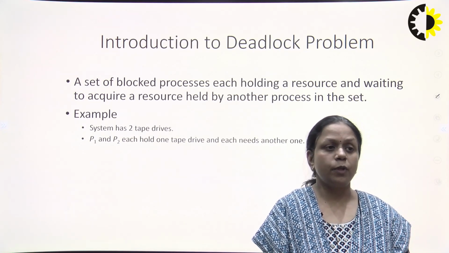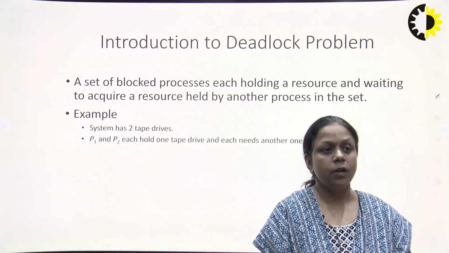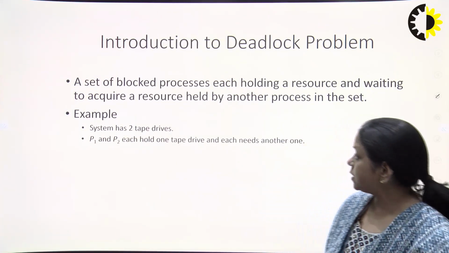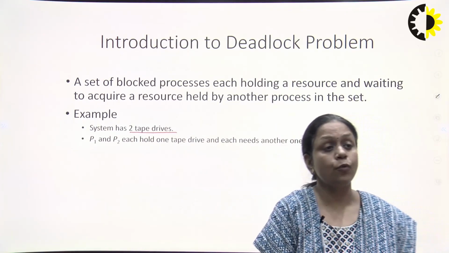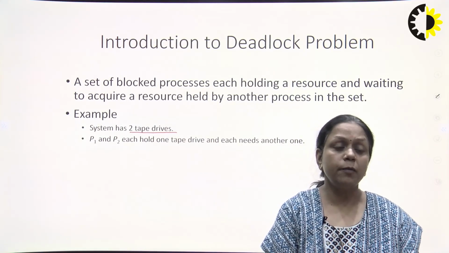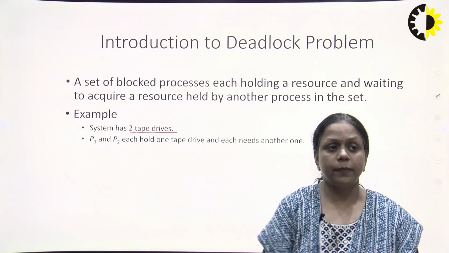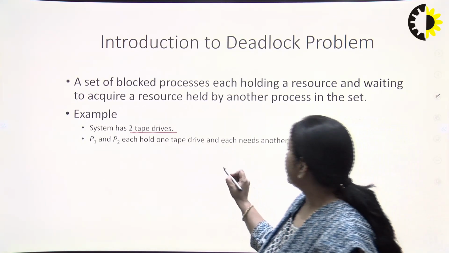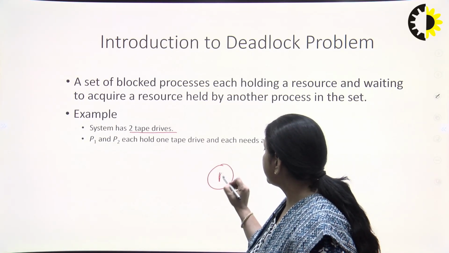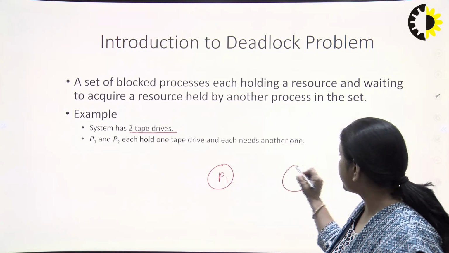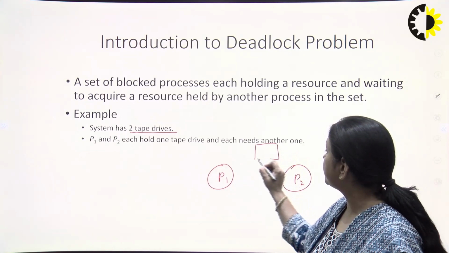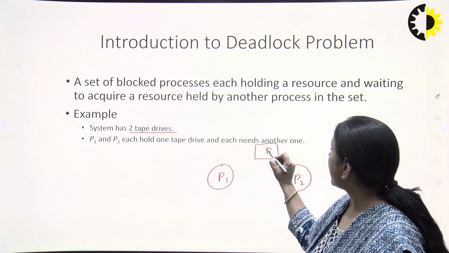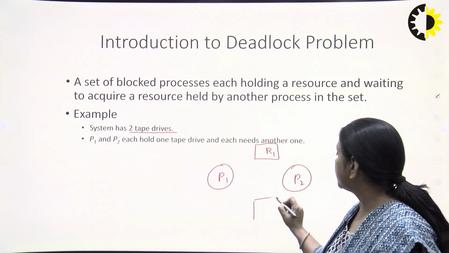For example, the system has two resources, tape drives, and we have two processes P1 and P2. Now what happened? For example, this is P1 and this is P2, and we have two tape drives, R1 and R2.